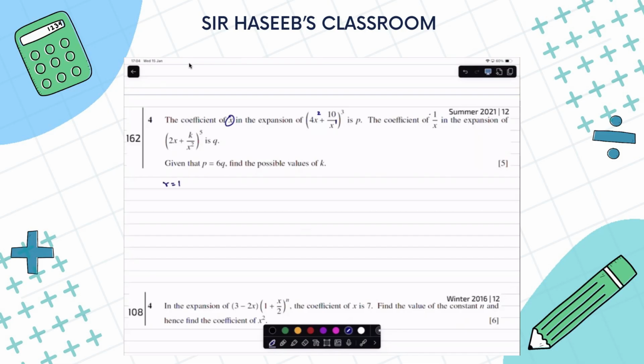अब देखो मैंने जल्दी से कर लिया इसको. Do you get it? Following? 4x 2 and 10 over x 1. So that's 3 multiplied by 16x square into 10 over x.